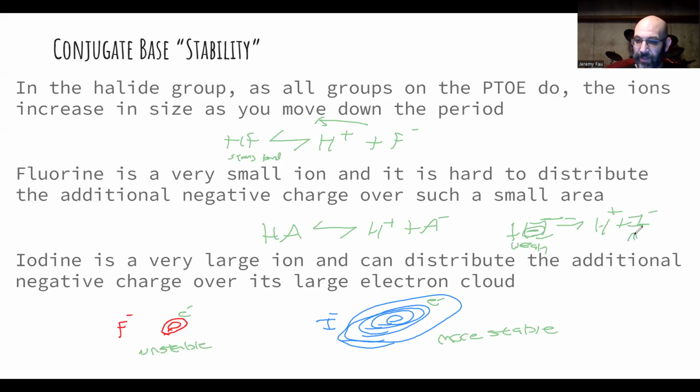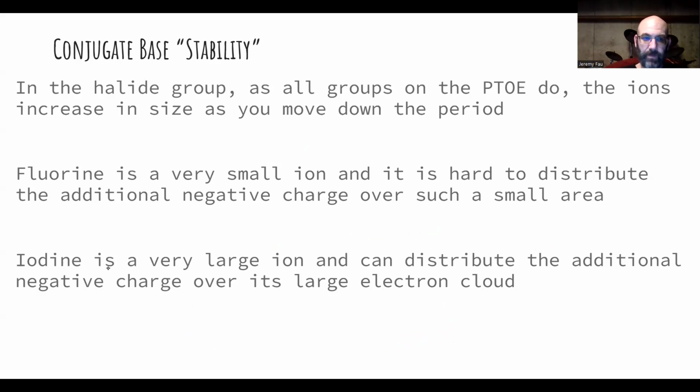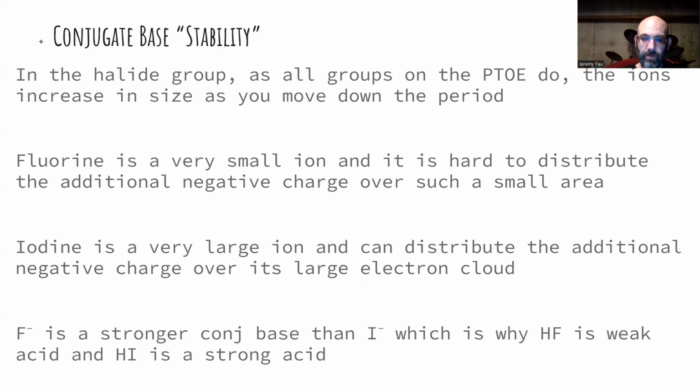And this I is really stable. This reaction doesn't go backwards, and that's why HI is a strong acid. Last time: F minus is a stronger conjugate base than I minus. Again, that's why HF is a weak acid and HI is a strong acid.